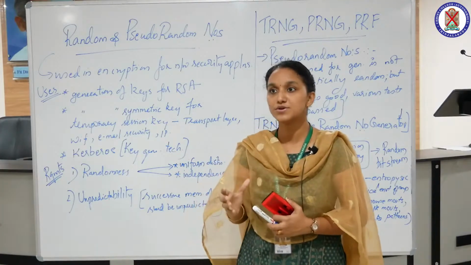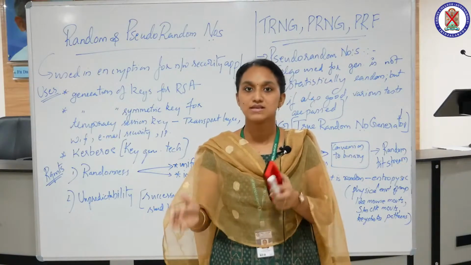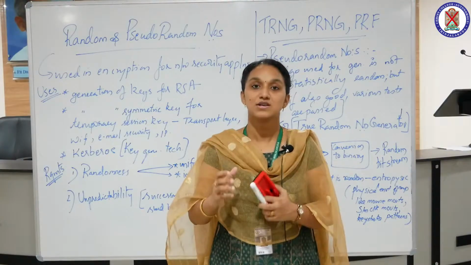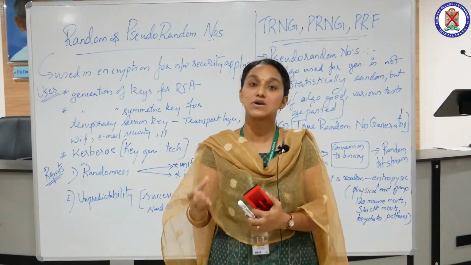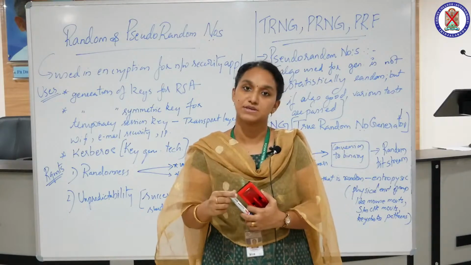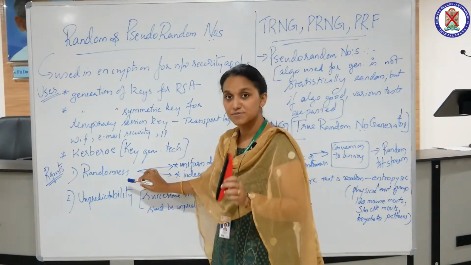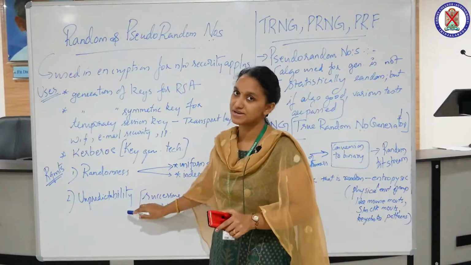For a number to be random, what are the basic requirements? How can we say this number is random, or that it satisfies the properties of randomness? The basic requirements of random numbers can be comprised into two: one is randomness, the other is unpredictability.